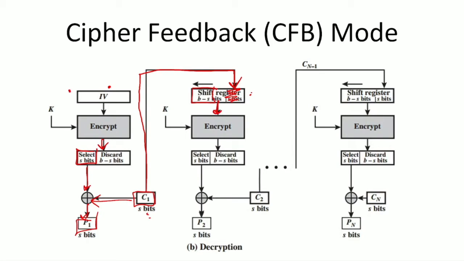We then encrypt this block again to get a new key block, and again we take s bits from there, discard the rest, and use those s bits as key bits for the next ciphertext block. And we get back the next plaintext block, and so on.